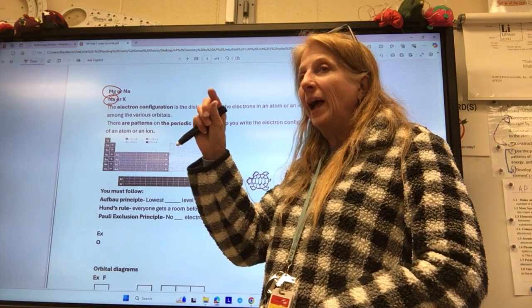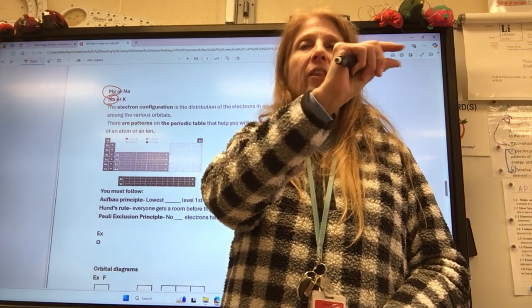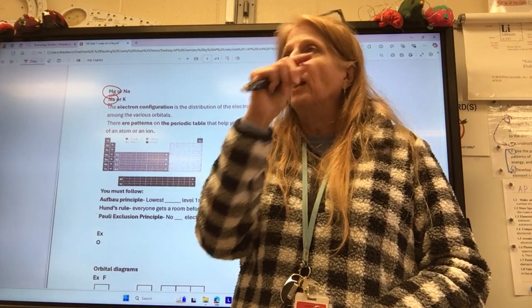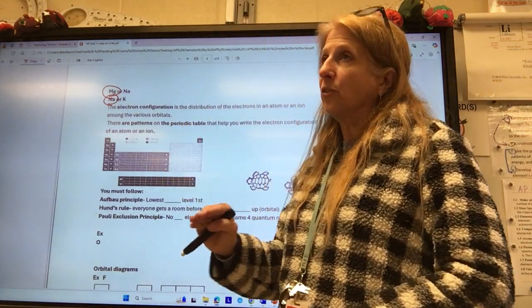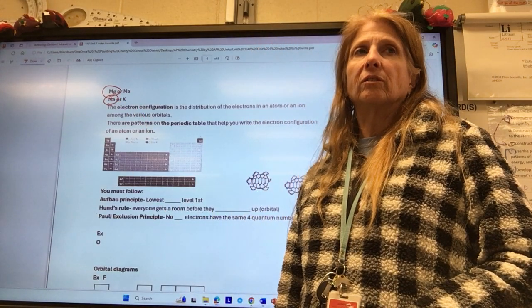It's like when you get a magnet close to metal, the closer you get, the greater that force is, right? You can feel it. So those electrons are closer to the nucleus, so it's got more force.